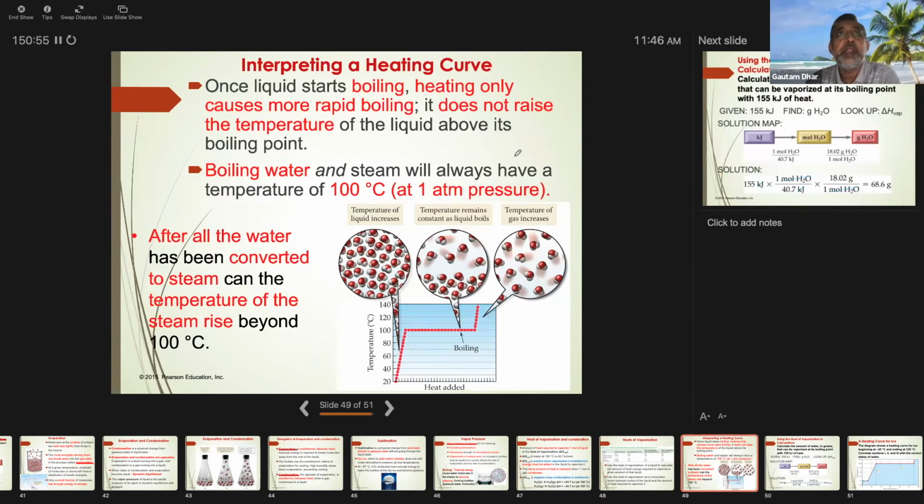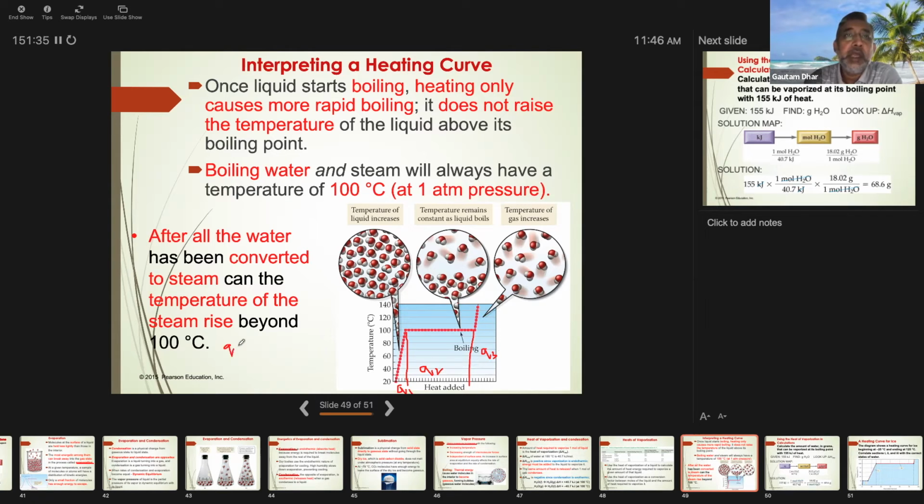Now, if you look at the heating curve of water, so you saw that for ice, now it is for water. So you are increasing the temperature from 20 degrees all the way to 140 degrees. So if you want to calculate how much heat is required, you have to basically divide it into three segments. These segments are Q1, and this is Q2, and this is Q3. So in each segment, there's a different amount of heat that is absorbed. So Q1 is water.